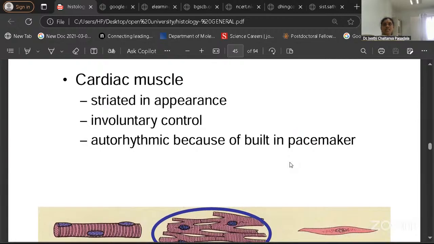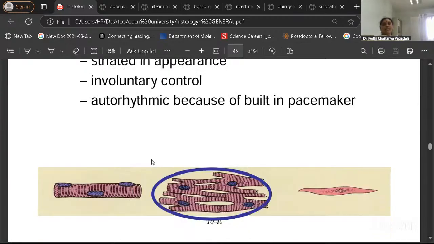When a person is connected to a pacemaker, whichever the autorhythmic cardiac muscle function is there, that is controlled by the pacemaker.